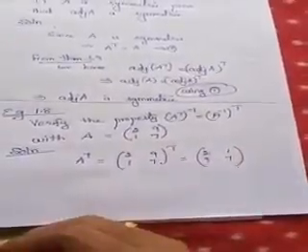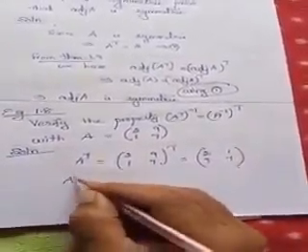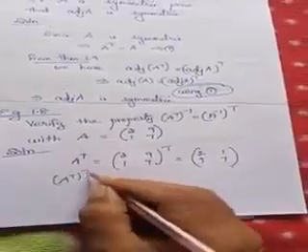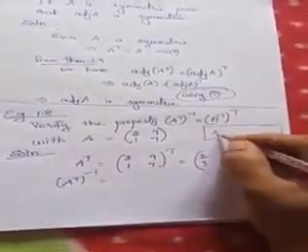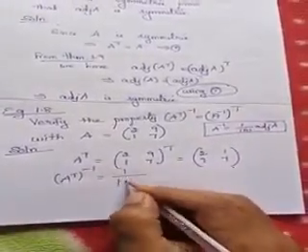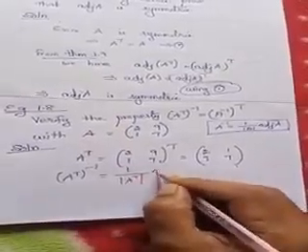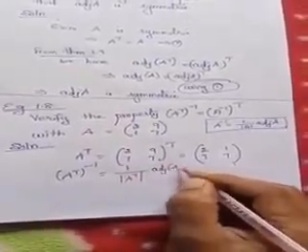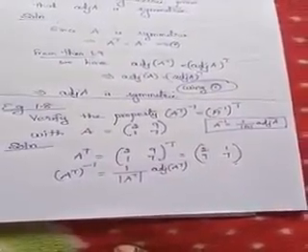Now I am going to write the inverse formula. For the inverse of A transpose, the formula is 1 by determinant of A transpose into adj of A transpose. For this transpose only we need to find the adjoint.